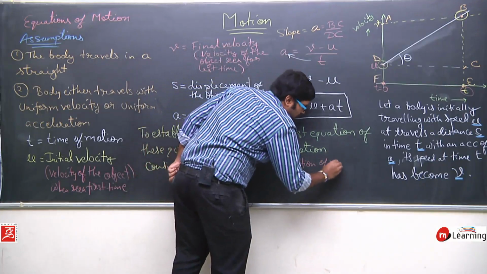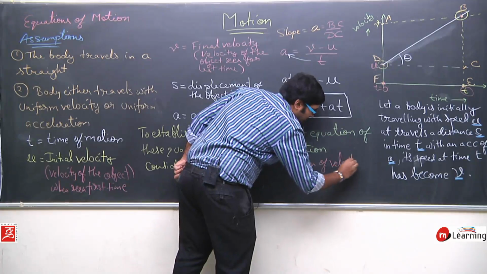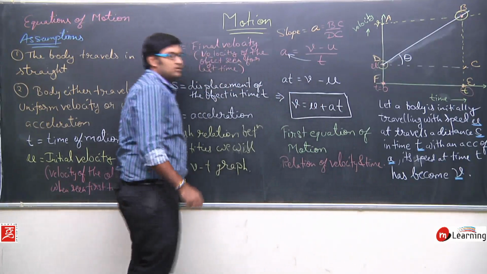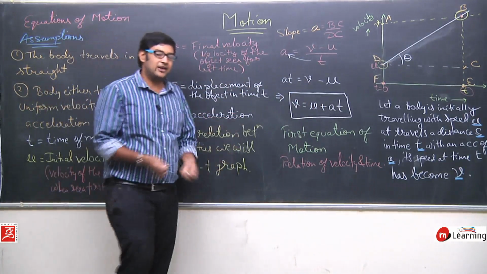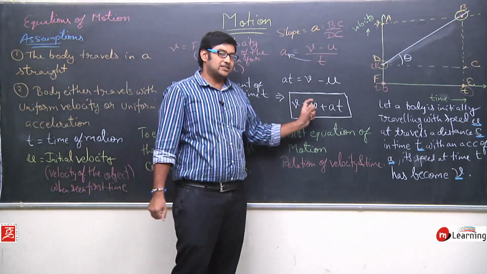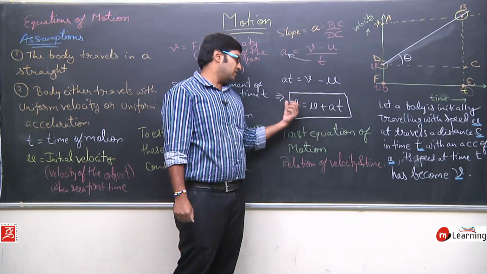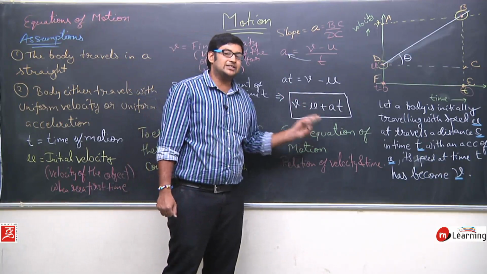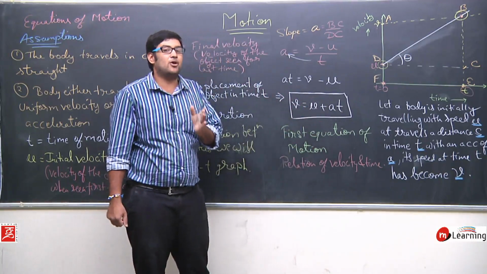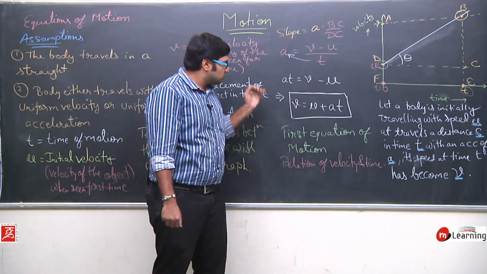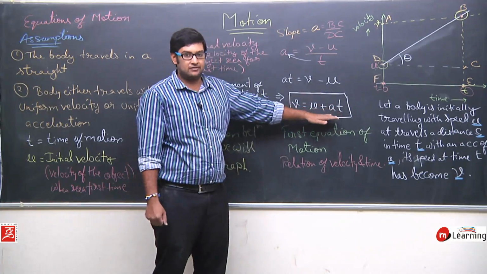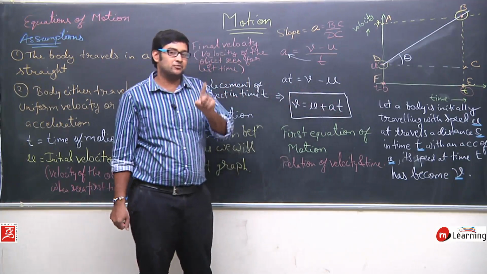We know that there is acceleration as well, but we say that this relation is the relation between velocity and time. It's a very, very important condition. So this is how you have to derive the relation. This is the first relation that we have derived, that is the first equation of motion.